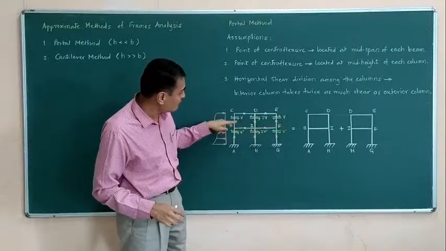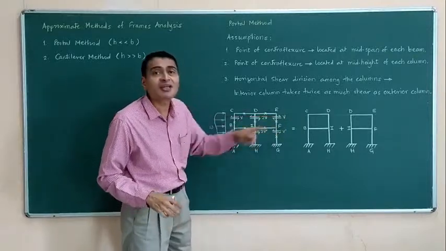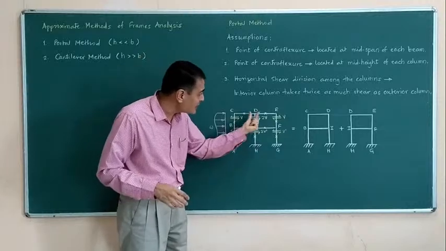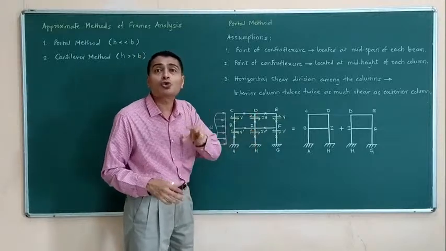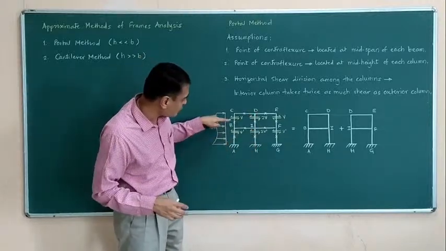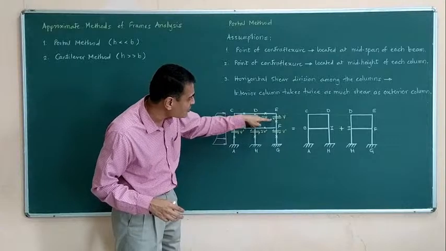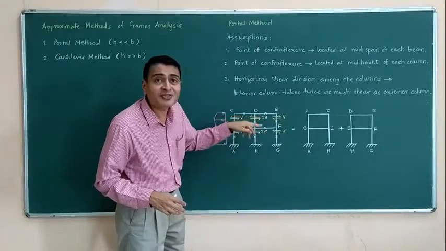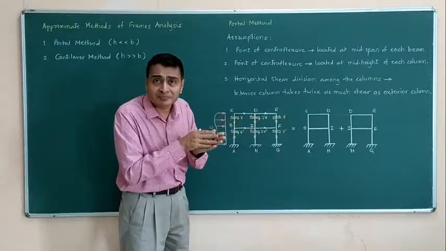In short, if the exterior columns are sharing V, then the interior column will be sharing 2 times V. That is what I am trying to show in these diagrams. This is how I am representing the shear force in column.